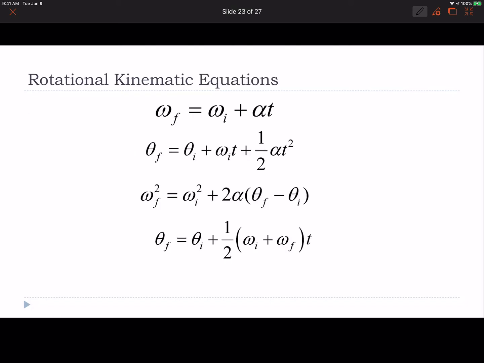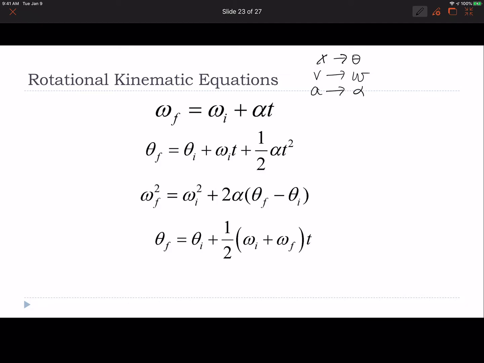So it turns out that we have those same representations for rotational motion, and if we think about how these are connected with each other, in linear motion we had displacement or position, and so in rotational motion we have angular position. For linear motion we had velocity, and now we have angular velocity, and for linear motion we had acceleration, and now we have angular acceleration.